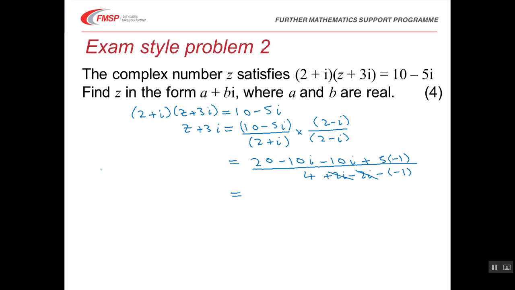Tidying this up, simplifying it, we've got 20 minus the 5 at the end is 15 minus 20i divided by 4 plus 1 is 5. So now we have z plus 3i is 3 minus 4i, and now we're in a position to take the 3i away from both sides. So that's 3 minus 7i.